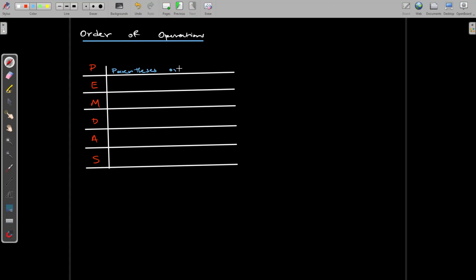Parentheses or brackets. I know brackets isn't, so that's how we would get the BEMDAS if we had brackets. What does the E mean?